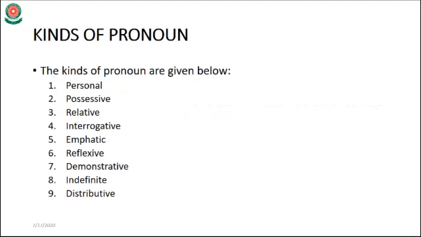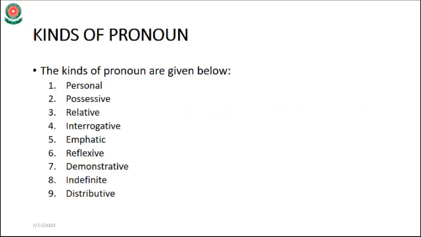Number 2, possessive pronoun. Number 3, relative pronoun. Number 4, interrogative pronoun. Number 5, emphatic pronoun. Number 6, reflexive pronoun. Number 7, demonstrative pronoun. Number 8, indefinite pronoun. And number 9, distributive pronoun.